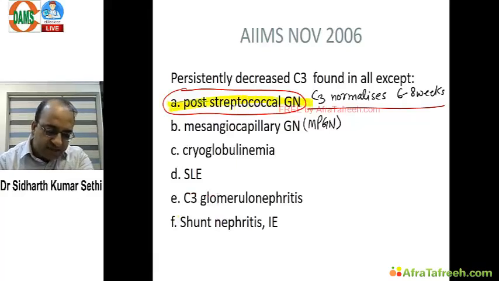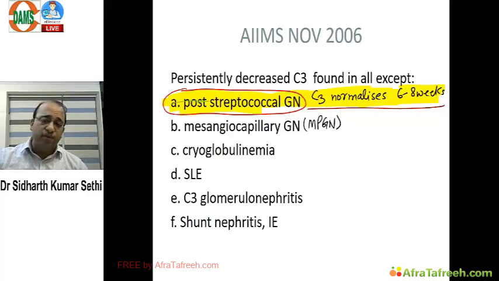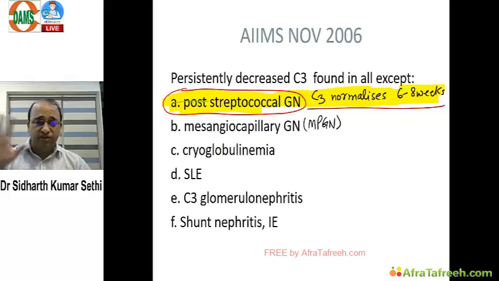Because C3 is there in the alternative pathway of the complement. All of you know from your MBBS that we have a classic complement pathway and an alternative complement pathway. In the alternative complement pathway, if that is accelerated, C3 is consumed, so C3 is low.